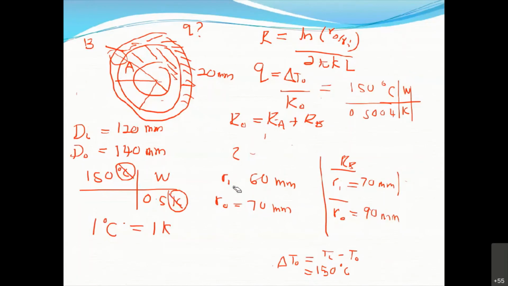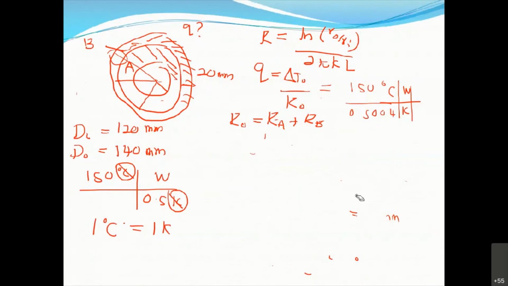If you are not sure whether you can do this or not, first you want to know your value. Let's say our temperature Ti is equal to 150 degrees Celsius, and To is equal to 0 degrees Celsius.